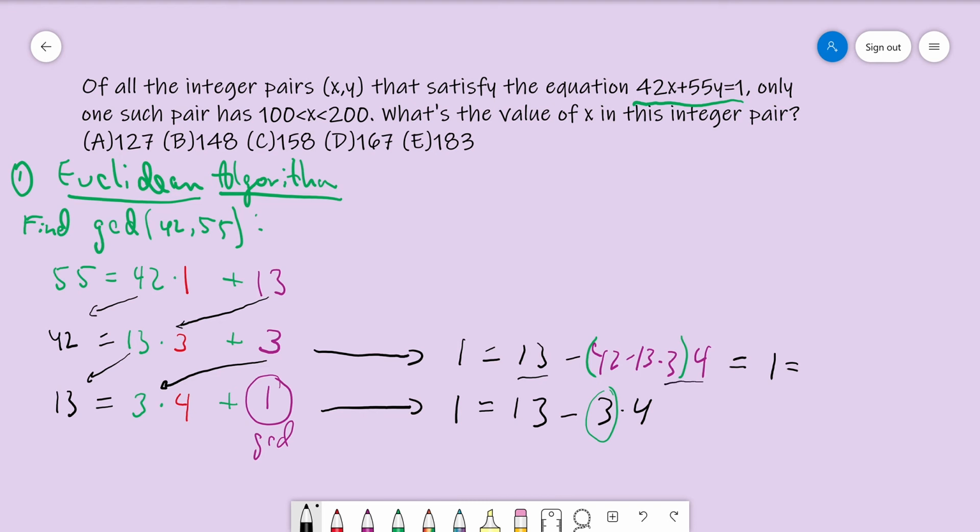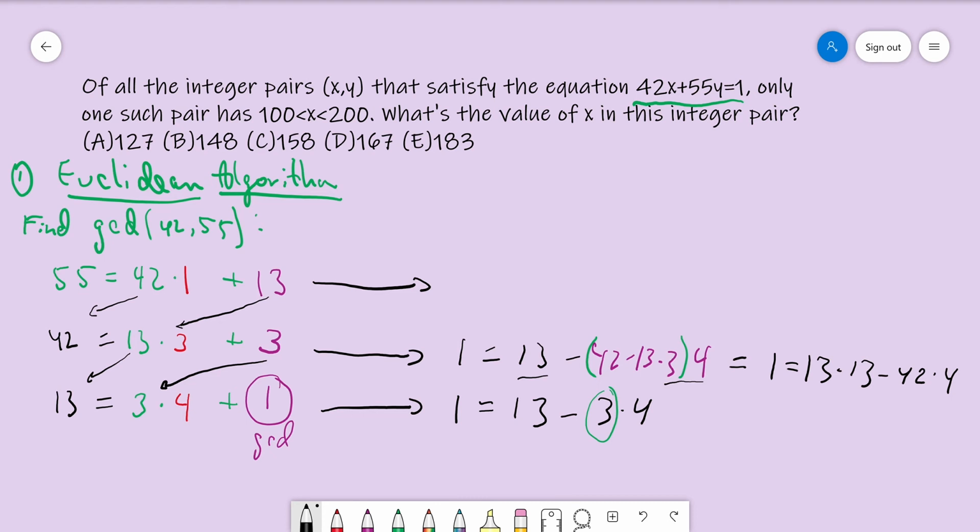So 13 minus negative 12 times 13, that's like positive 13 times 13. And then we have minus 42 times 4. Now we're going to use this equation to write 13 as 55 minus 42 times 1.